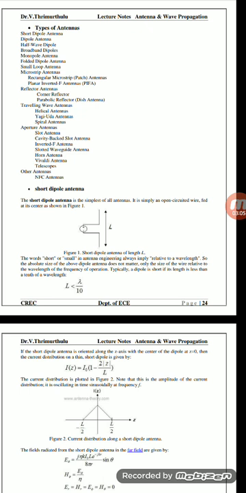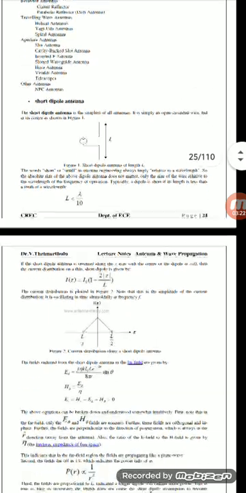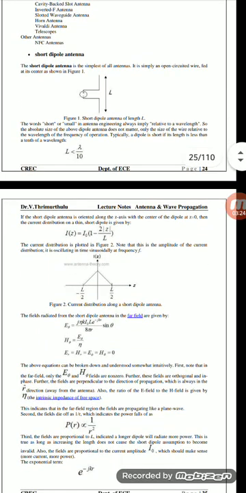Next, the current distribution of the short dipole antenna, with z from minus L by 2 to plus L by 2 along the z axis. With this current distribution, the field radiated from the short dipole antenna is given by E theta equals j mu k I naught L e power minus j k r by 8 pi r times sin theta.